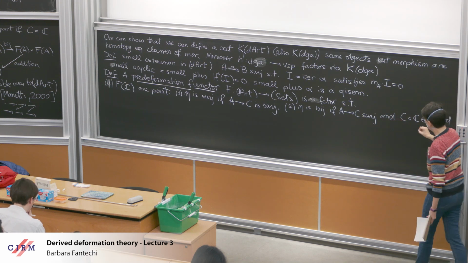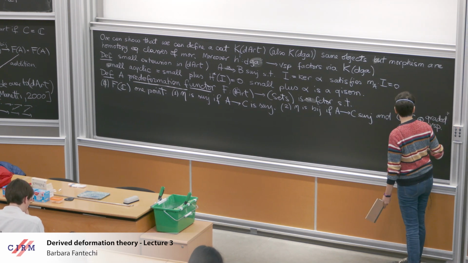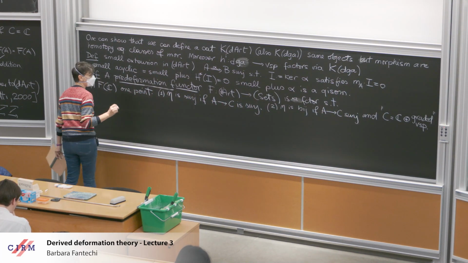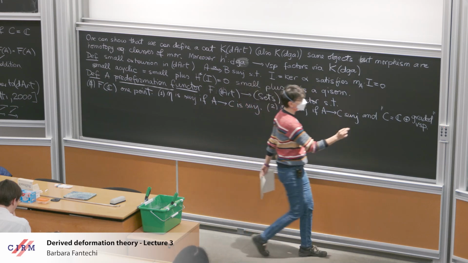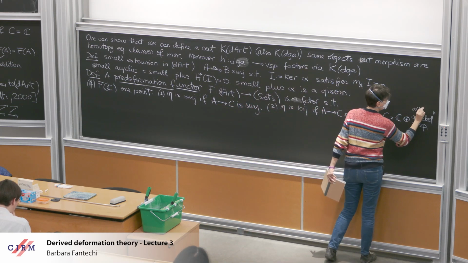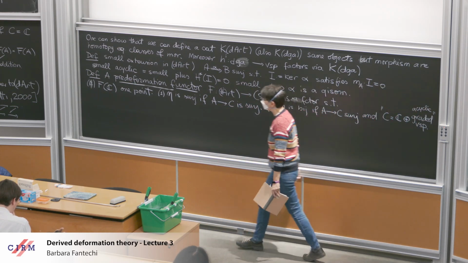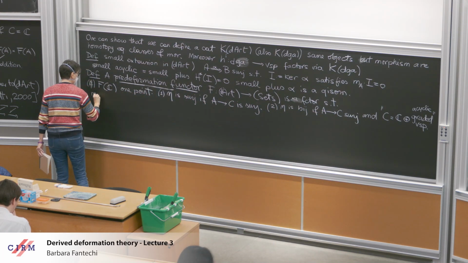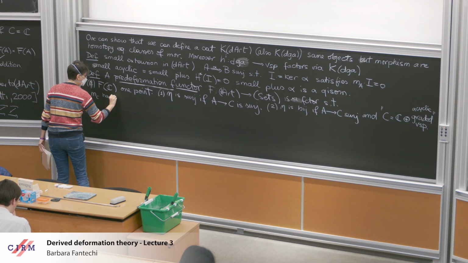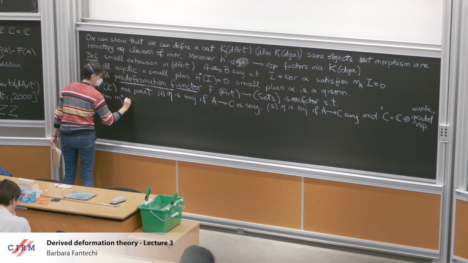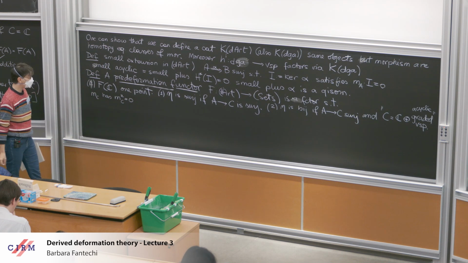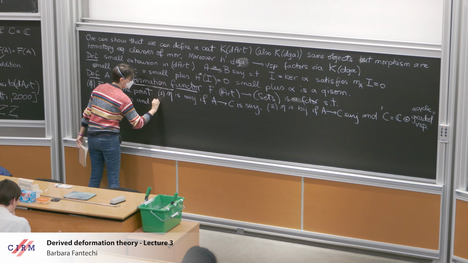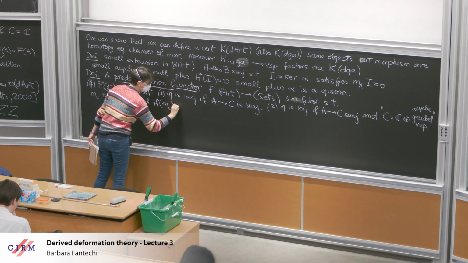So this is an informal condition, but the formal one is an acyclic graded vector space. And by this I mean that m_C squared is equal to 0, so there is no multiplication, and the cohomology is also 0.